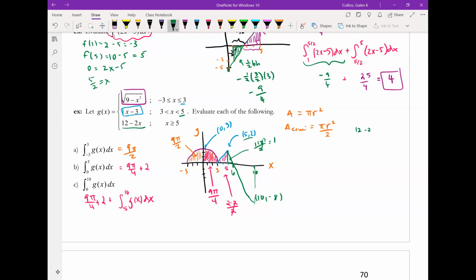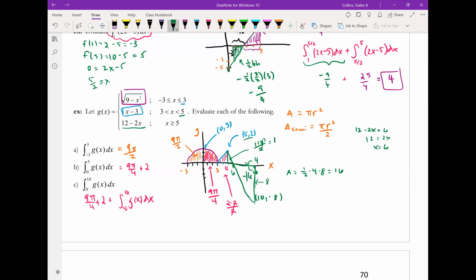Like 12 minus 2x equals 0. So 12 equals 2x, so x equals 6. So that's the 0 of that function. And so the triangle that I'm looking at has a base of 4, because it's from 6 to 10, a height of 8, and we said we're going to consider that area negative. So 1/2 times 4 times 8 gives us 16? But we're going to consider that a negative 16.